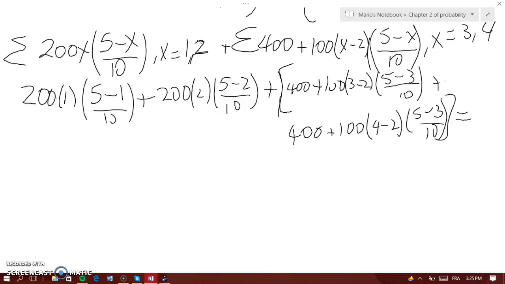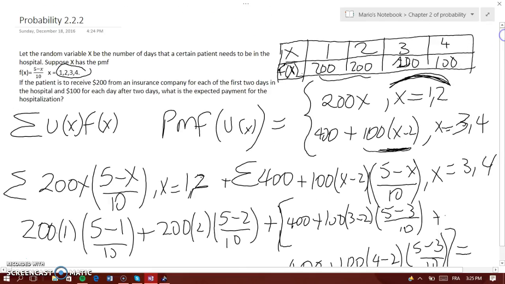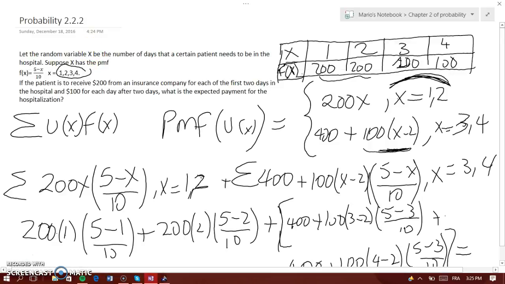This would equal the expected payment of u of x, and I'm sure you can calculate this part now. I'm not going to do everything. So here's the idea to understand. We know that in the first 2 days, each day you get $200.